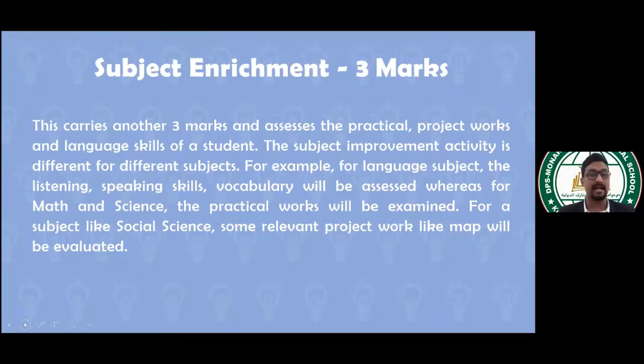Whereas for math and science, practical works will be examined. For a subject like social science, some relevant project work like a map will be evaluated. So this goes under subject enrichment, which is valued at 3 marks out of 10 marks of the internal assessment.